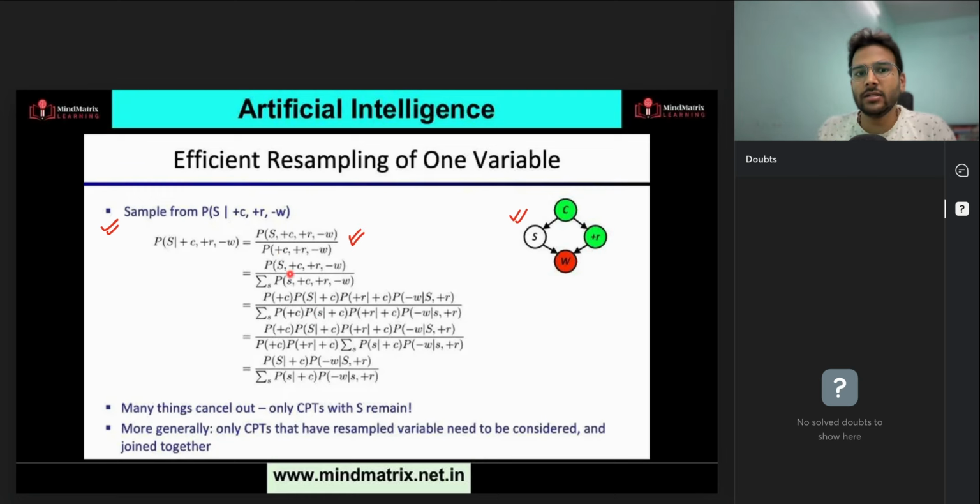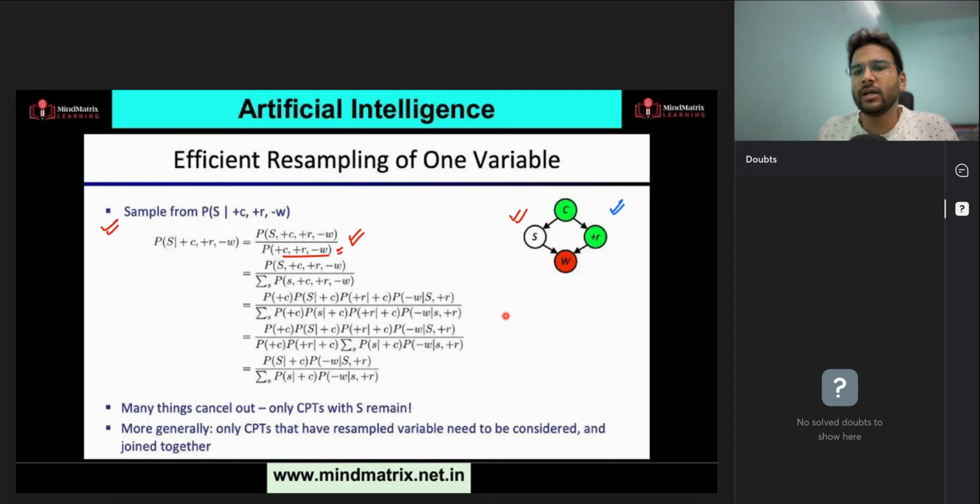In the denominator, it is nothing but the total probability, so it is a summation over S, because now you can have all the values of S. And the numerator is going to be a joint distribution, and you know how to write a joint distribution.